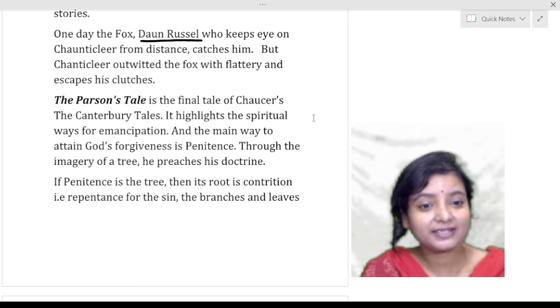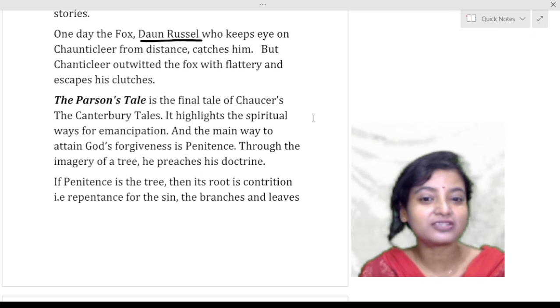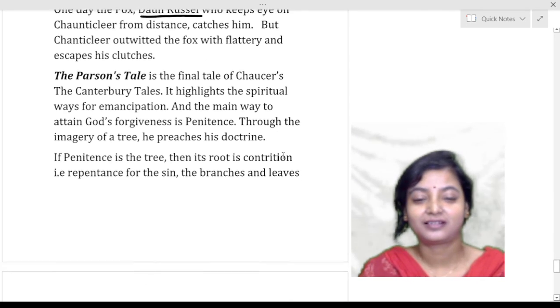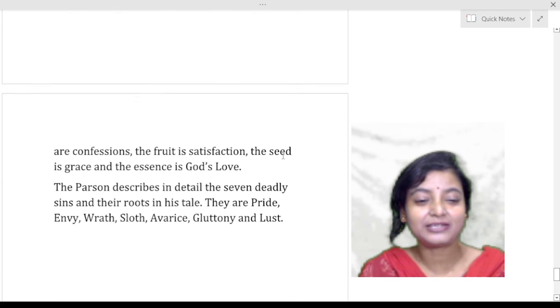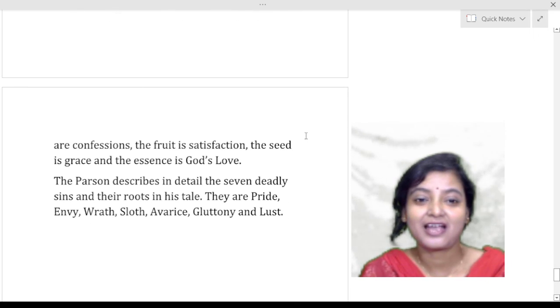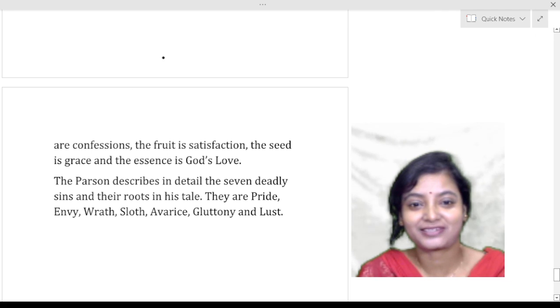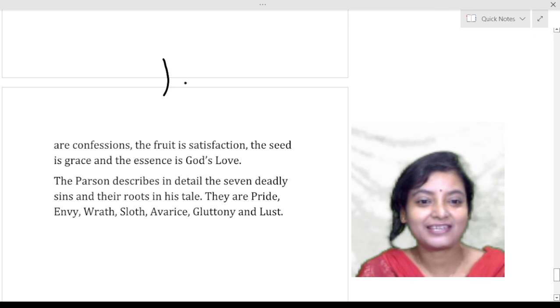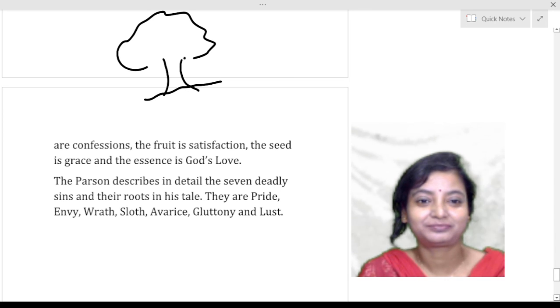If penitence is a tree, then its root is contrition, that is repentance for the sin. The branches and leaves are confession, and the fruit is satisfaction. The seed is grace, the essence of God's love. It is a beautiful imagery, you can see.